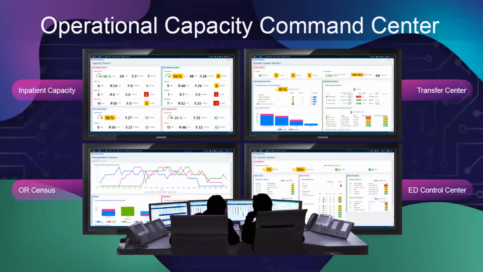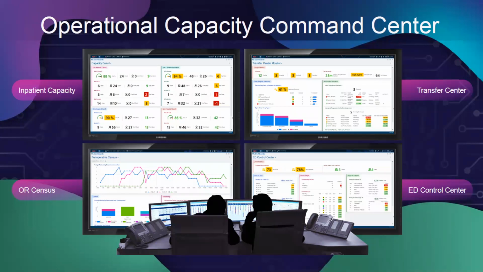And really, we are literally talking about mission control. In non-COVID days, these are single physical locations. These days, it's probably a mix of physical location and virtual.